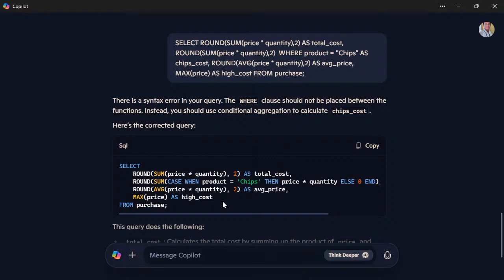Okay, that means the summation is happening throughout everything. So where there is no chips, it is summing up 0, and if chips is appearing in that particular variable, it is just multiplying and again summing.